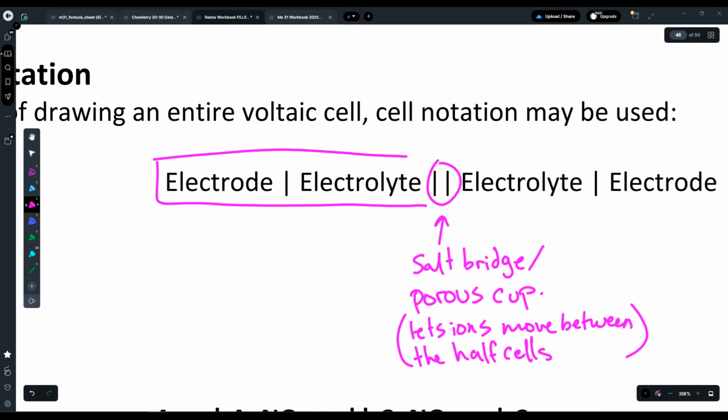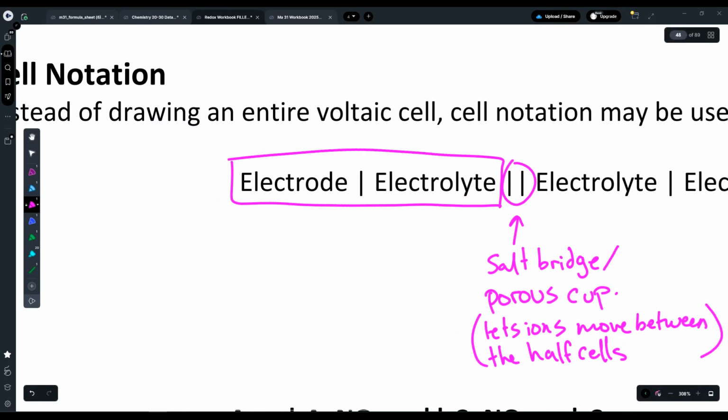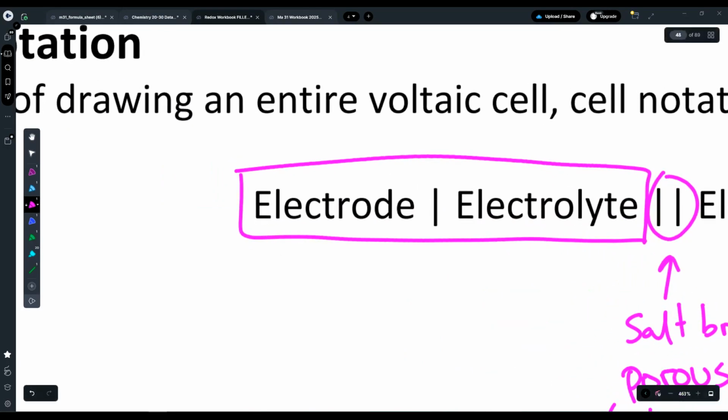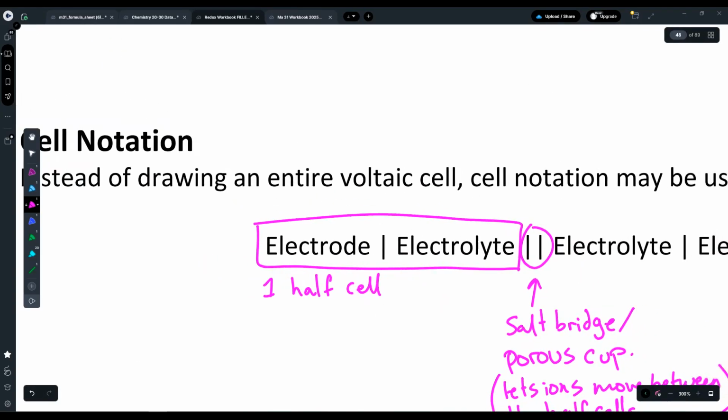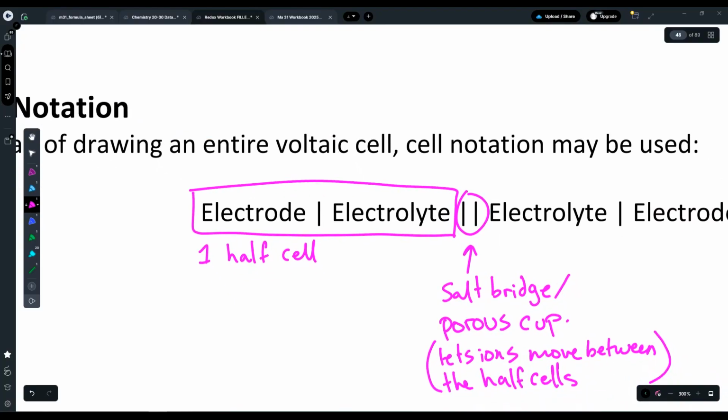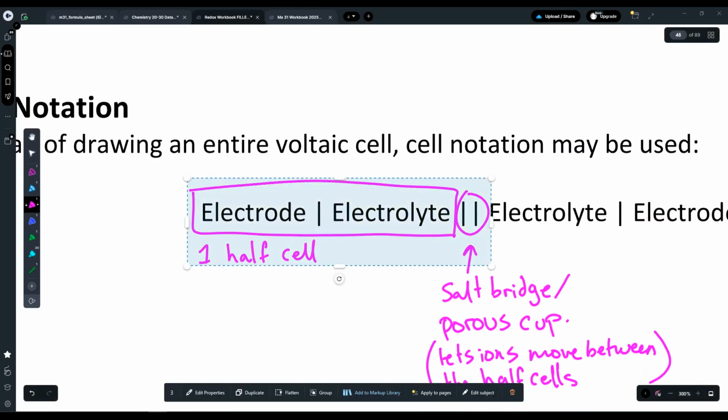This over here that I put a box around is one of your half cells. Maybe I'll use a different color here.